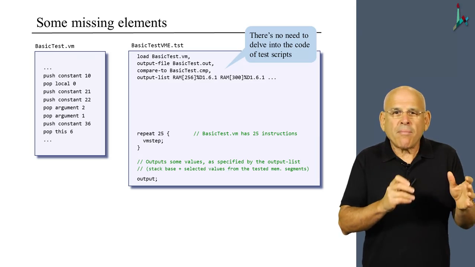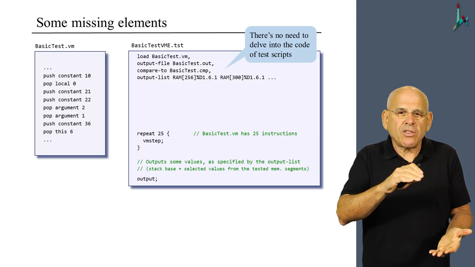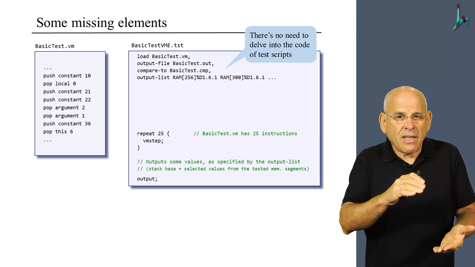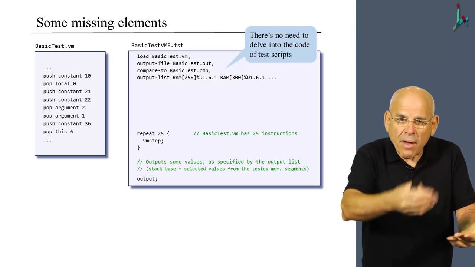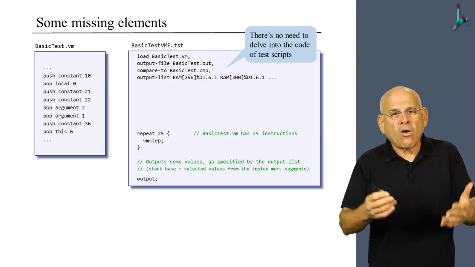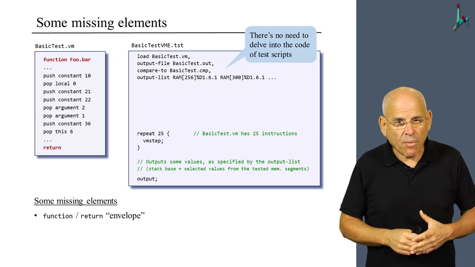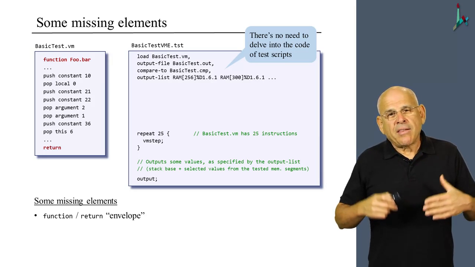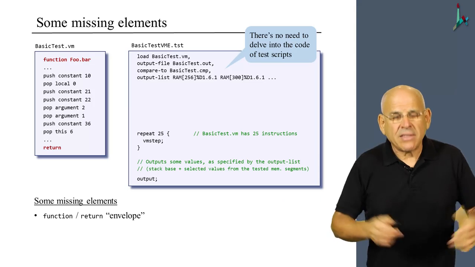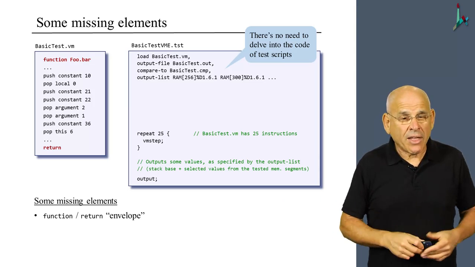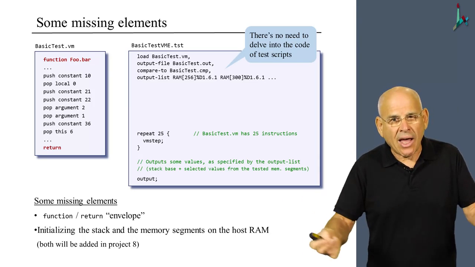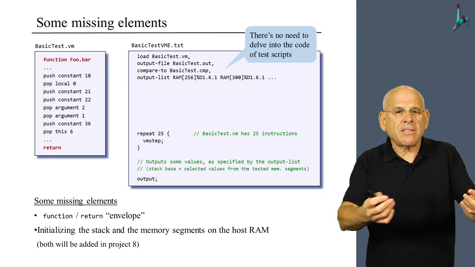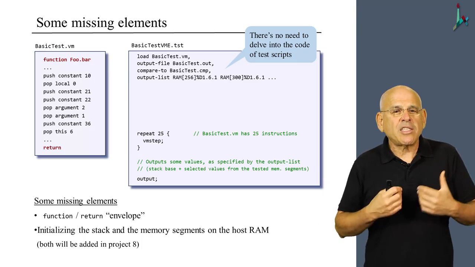You can think about them as a sequence of instructions, and what is missing in these sequences in order to make them programs is what I call the function and return envelope. And the function and return commands later on in Project 8 will cause the VM implementation to initialize the various segments that the method or the function expects to use.